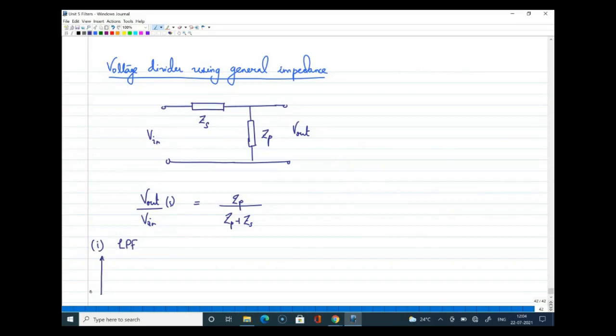You will have a transfer function here, and when your frequency is at omega equal to infinity, or very high, you should actually get a 0, or the transfer function should be 0. If that is the case, can you tell me what should be the value of Zp and Zs if you want a low pass filter response? What do you think?